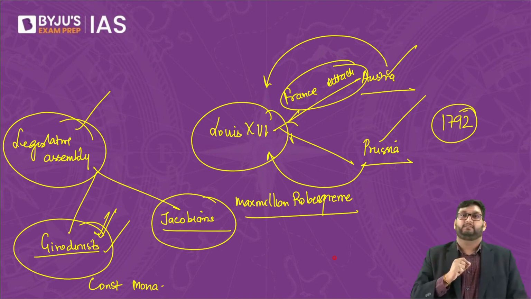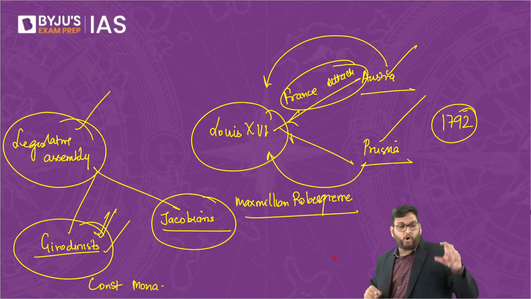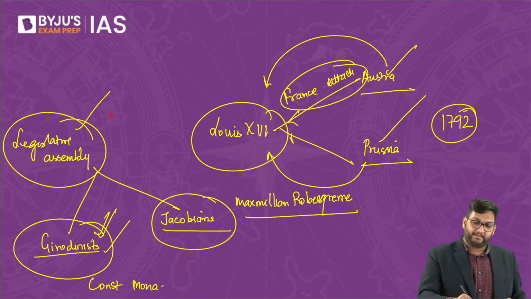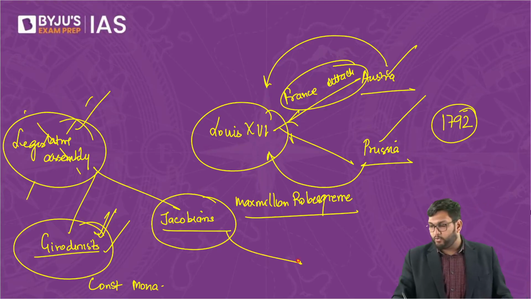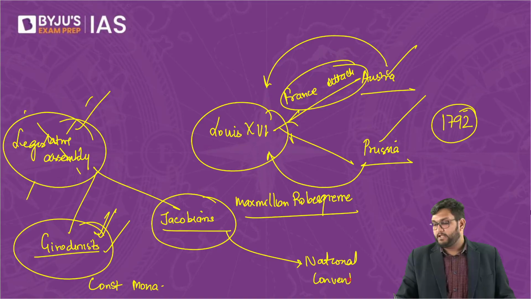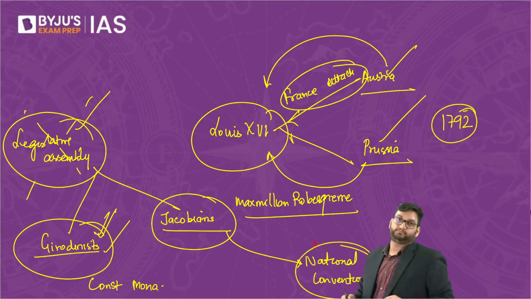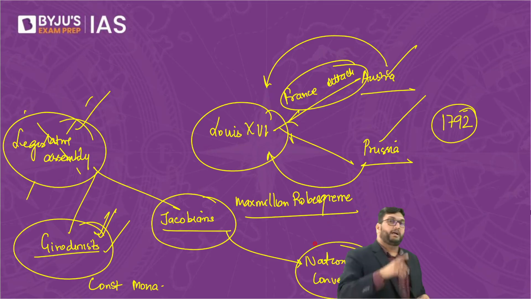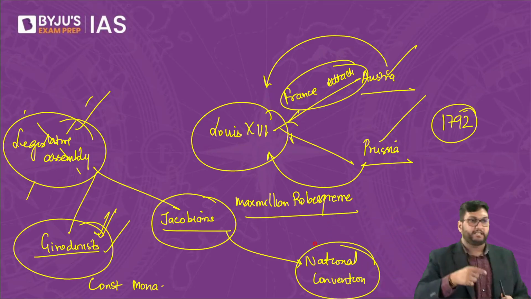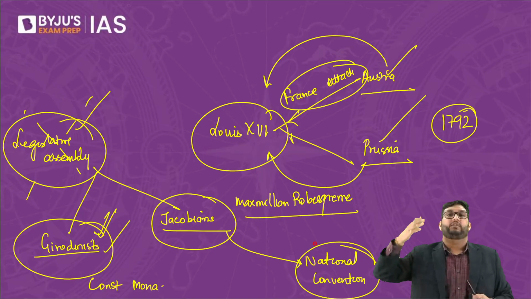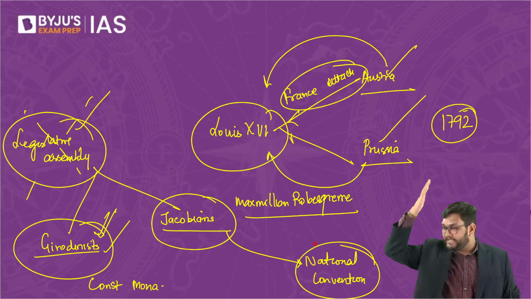And very decisively, the Jacobins will walk out of the Legislative Assembly. They will form their own National Convention, and they will try the king for treason. The king will be found guilty, and the king along with his family will be guillotined.